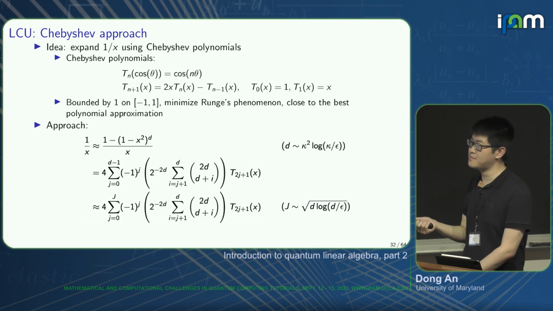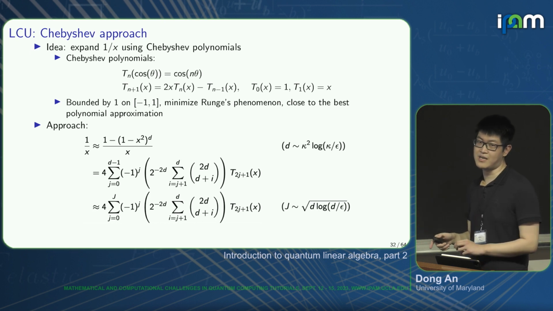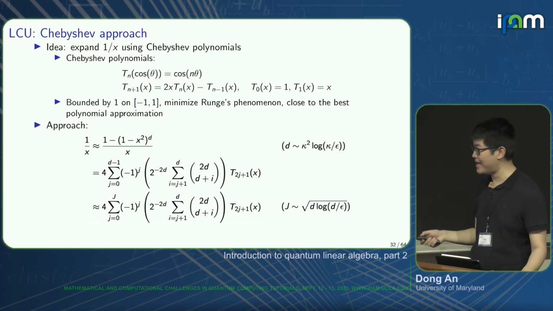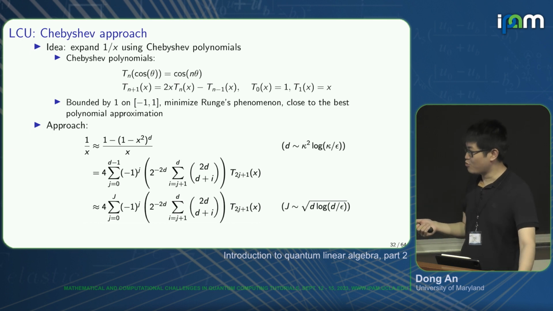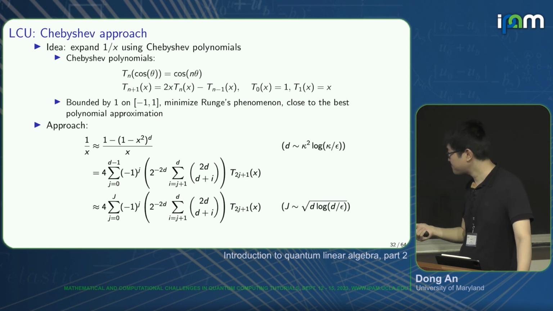If we want this to be an absolute approximation on the interval, let's say 1 over kappa to 1, then we have to choose d to be something like kappa squared. Of course, for epsilon, it is still very good.